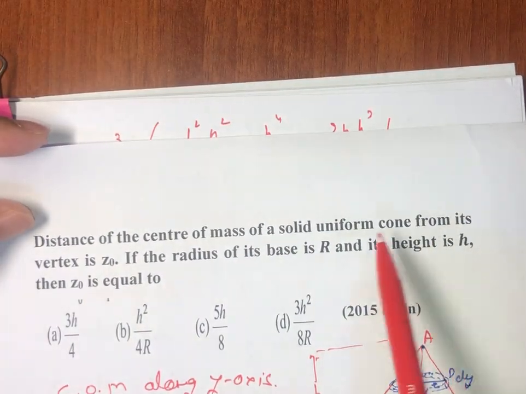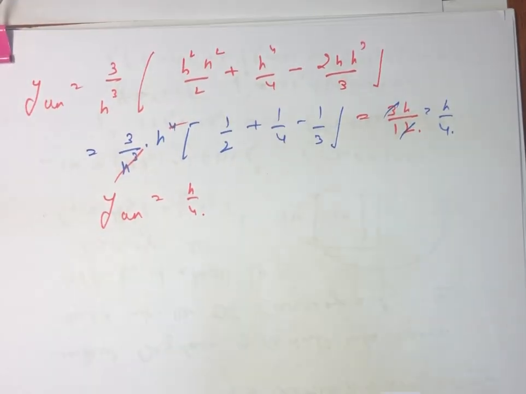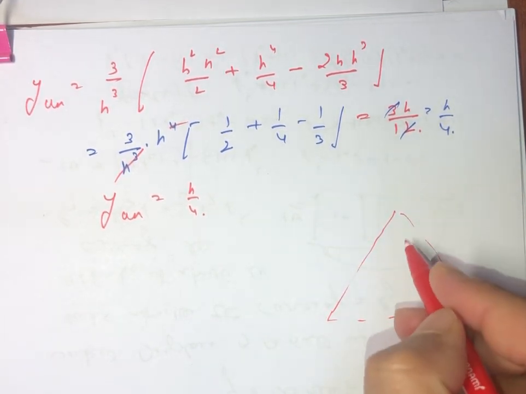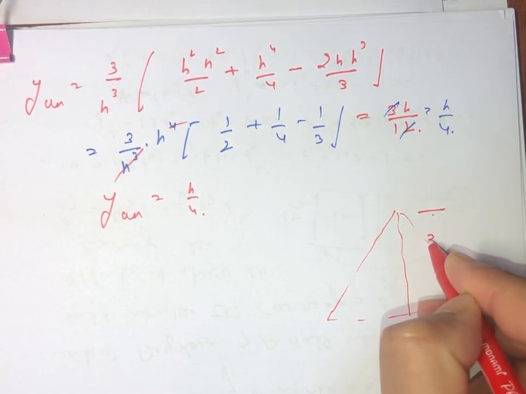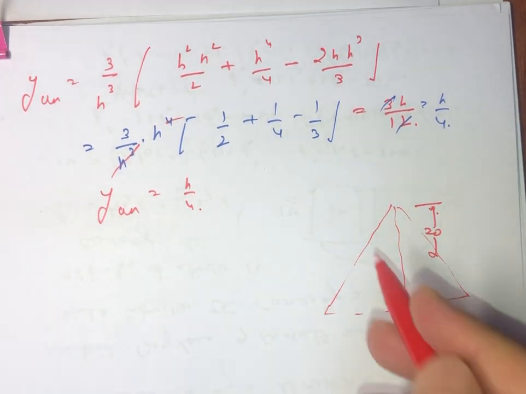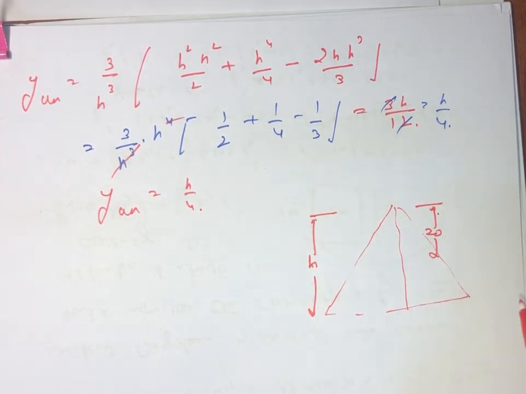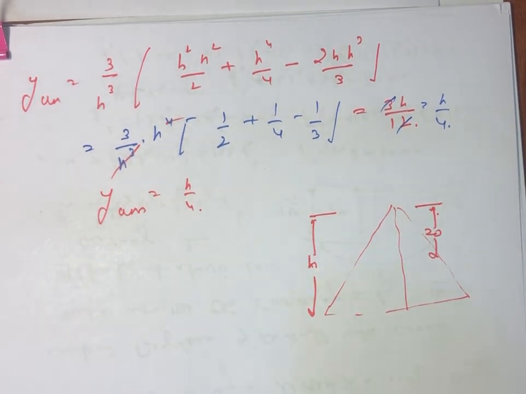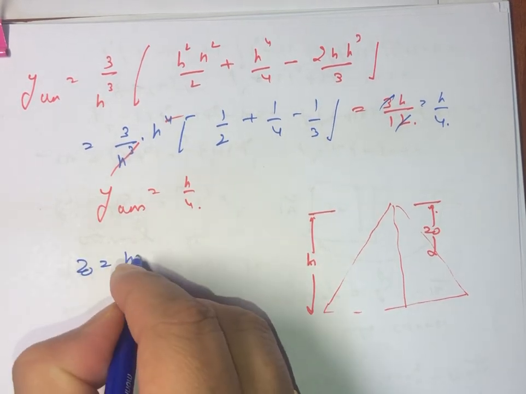But we are supposed to find out the center of mass from the vertex. This is our cone, and we are supposed to find out the center of mass at a height z0 from the vertex. We know the total height is given as h. So the center of mass is h upon 4 from the base, therefore z0 will be equal to h minus h upon 4.